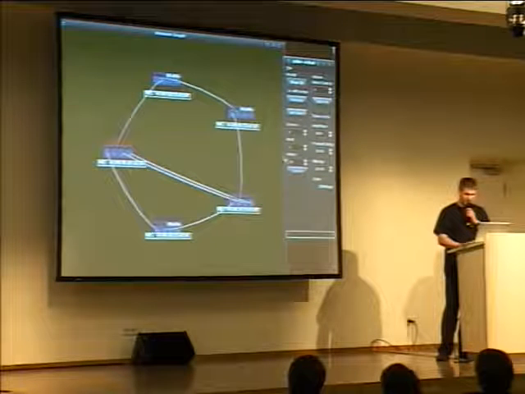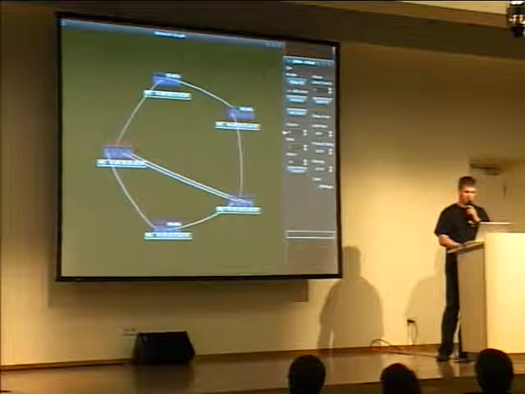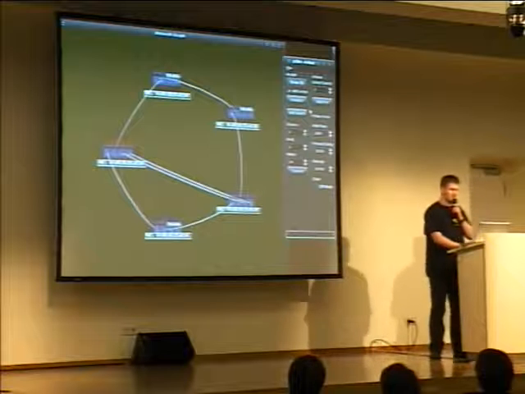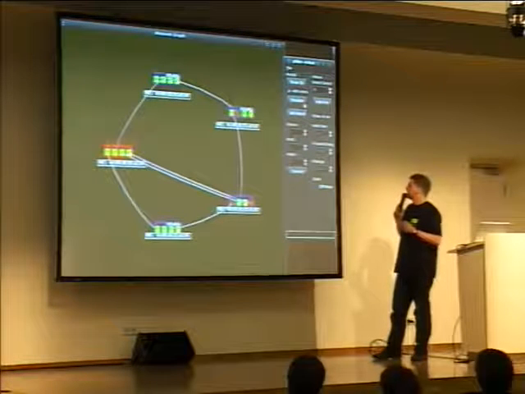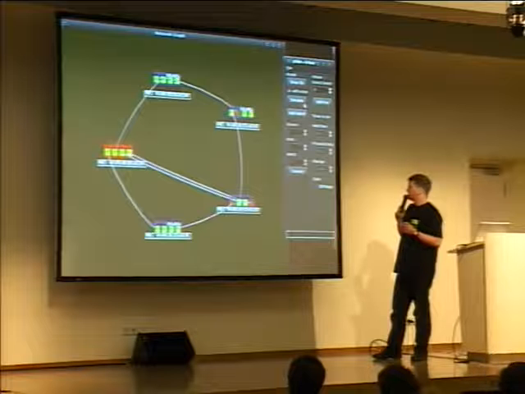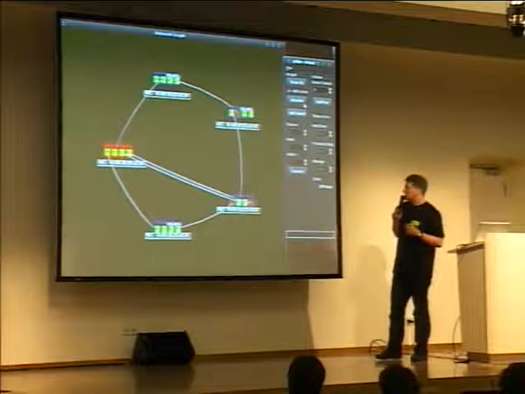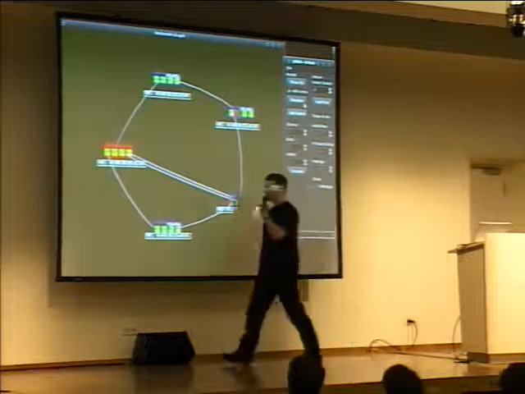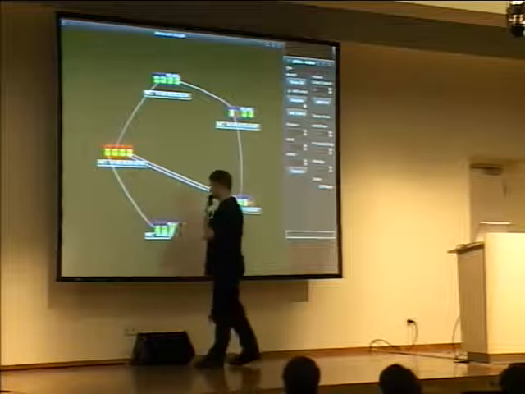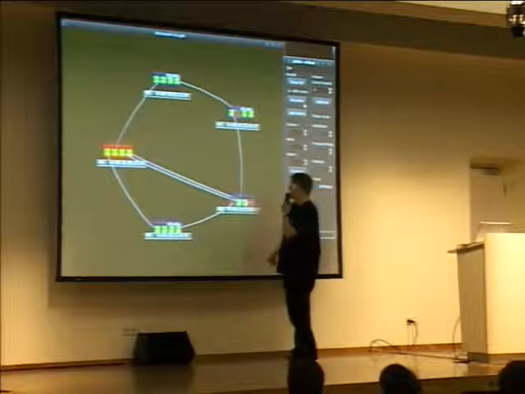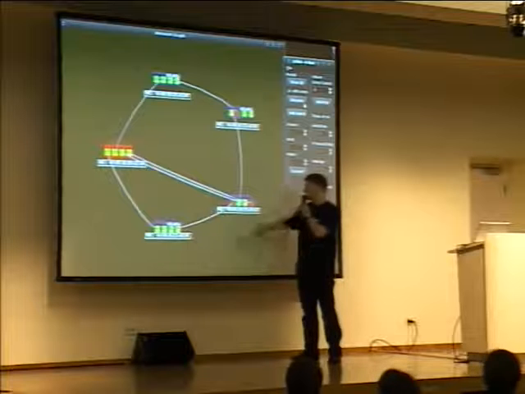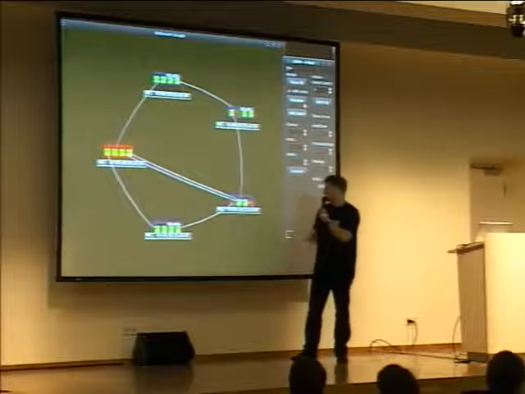So I can, oops, oh, double connection. Oh, maybe we'll find a bug now. But let's start the simulation. And after some time, we get the root switch here. And we also see there are still packages turning from switch to switch here. We see the TX and the RX lights blinking.